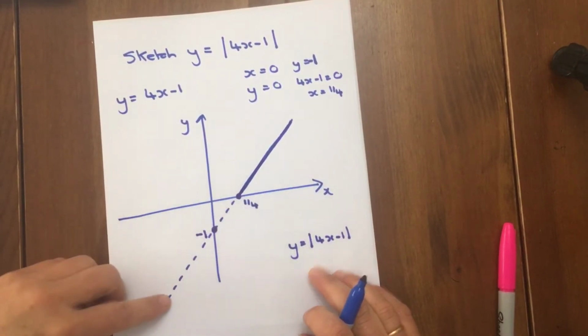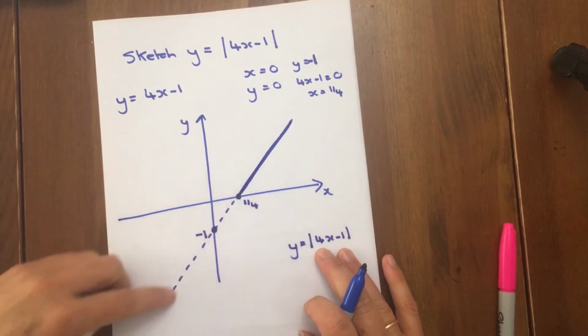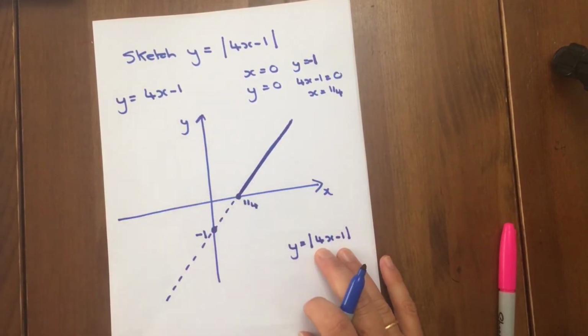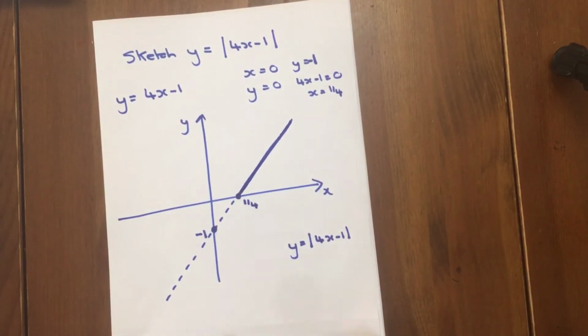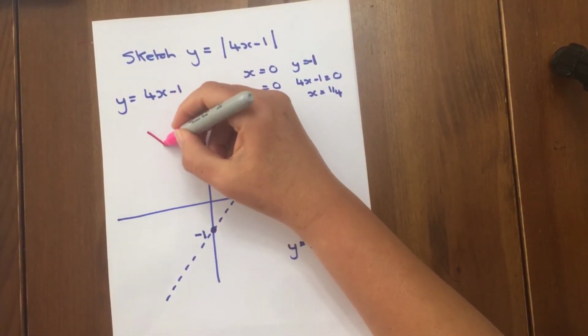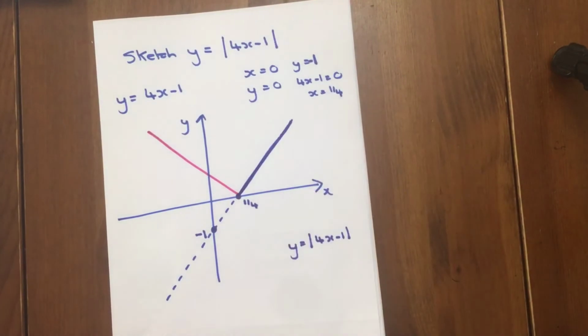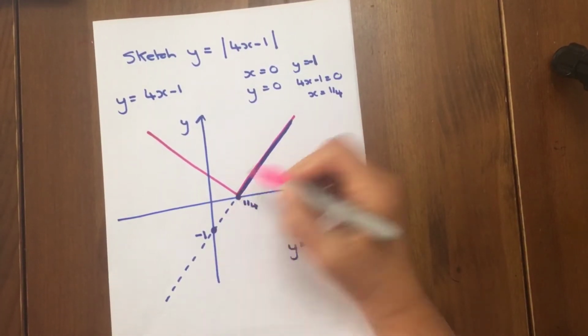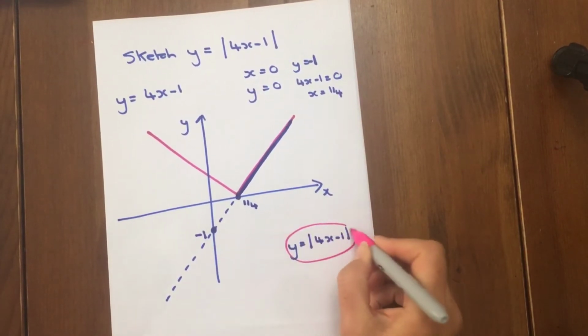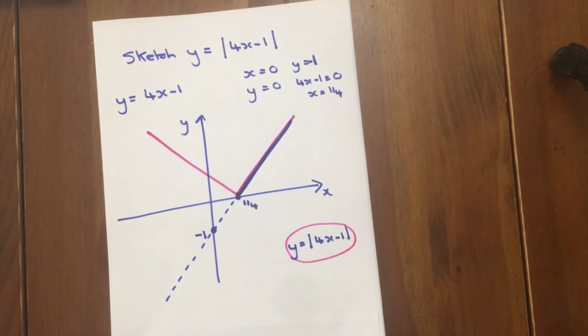Beneath here, my 4x minus 1 values are all negative. Everything beneath here, you can see that y is negative. And what happens is that line will reflect about the x-axis. So my end answer is I get this V shape for y equals modulus of 4x minus 1.